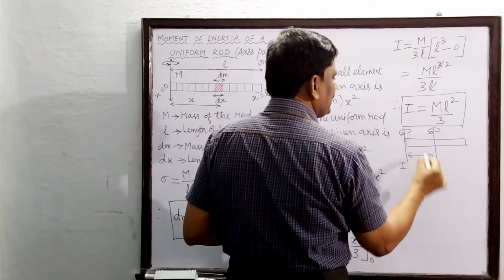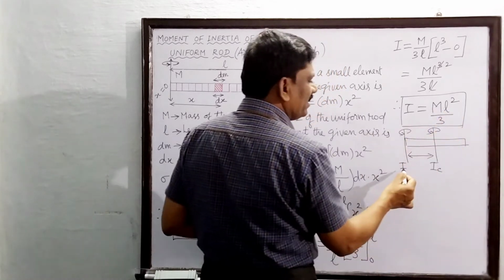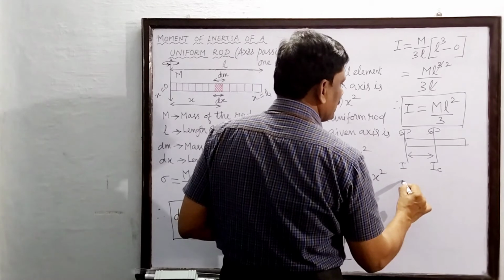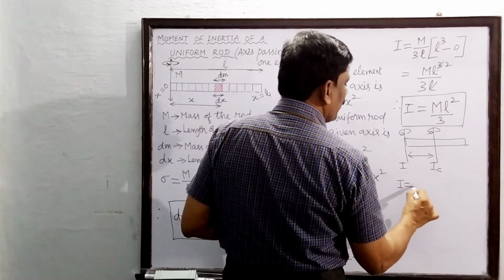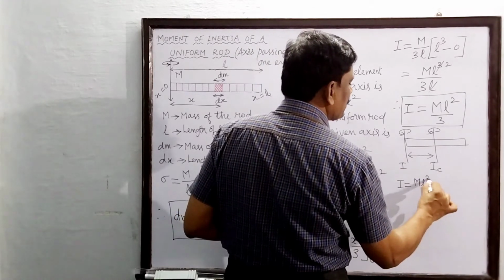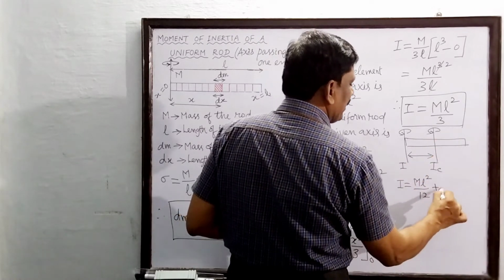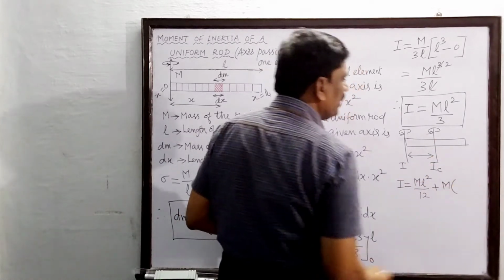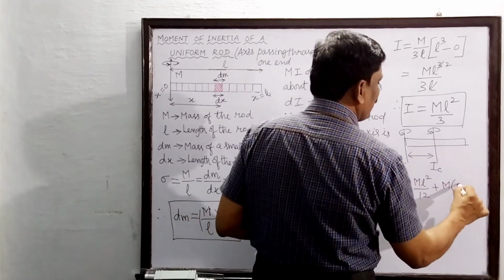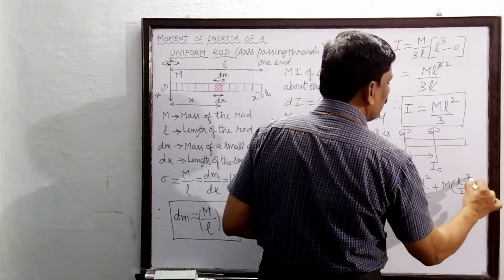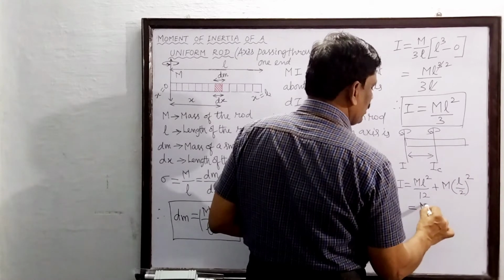So this I is equal to M L square by 3. Now I is equal to M L square by 12 plus capital M into d square. Instead of d square, I can write L by 2 the whole square. So this is equal to what?